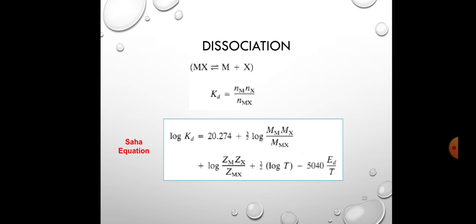So we have here a dissociation constant that is equal to the concentration of M in the vapor phase, which we call Nm.